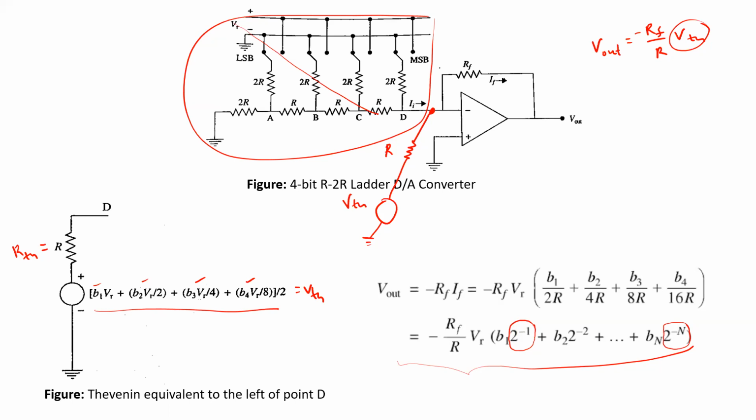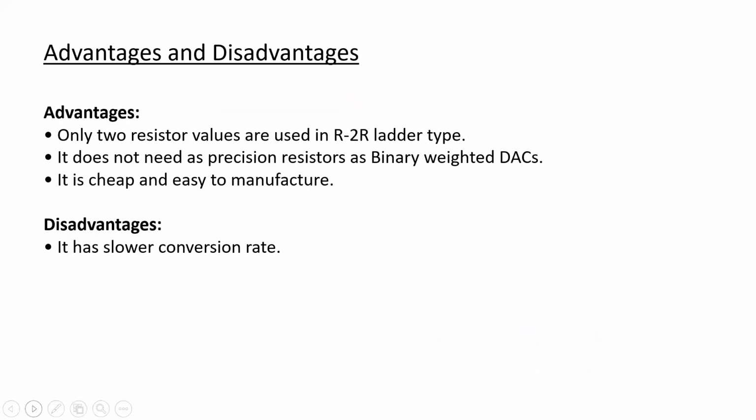So this configuration can also be used in place of the weighted resistor digital to analog converter, and some of the advantages are that only two different types of resistor values are necessary, R and twice R. You need multiple quantities of these two resistances, but only two variations of these resistances are sufficient.